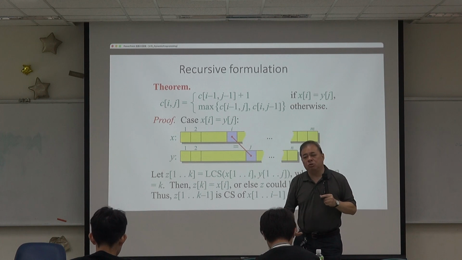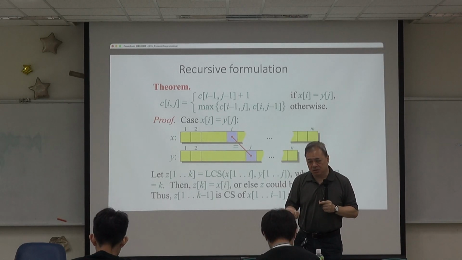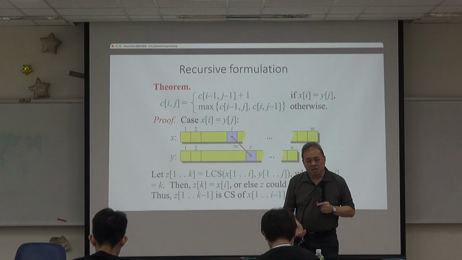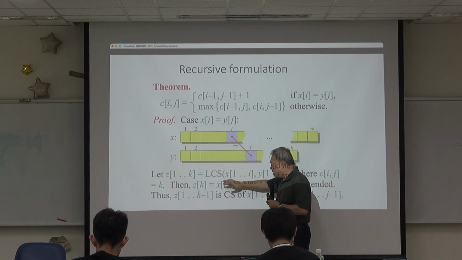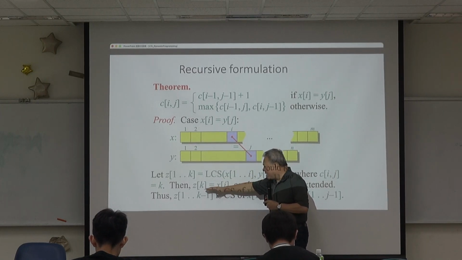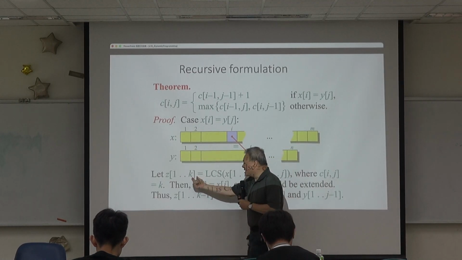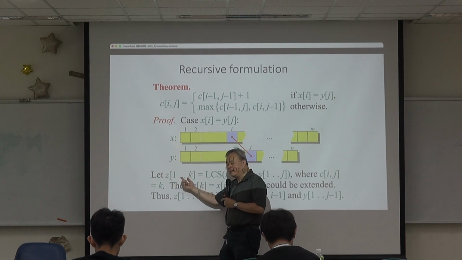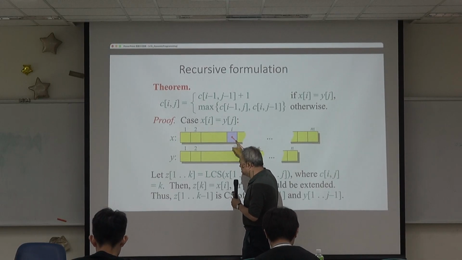But it shouldn't be the case, because LCS is supposed to be the longest common subsequence. If you can make it even longer, it is not the longest one, right? So this is a contradiction. So up to here, we have proved the last character of this LCS must come from this matched character.